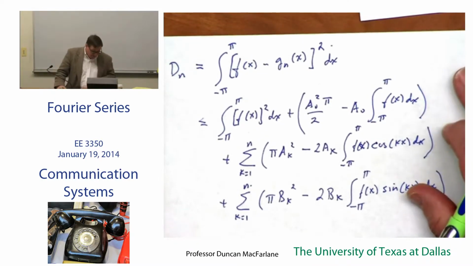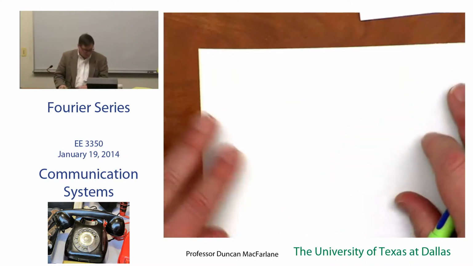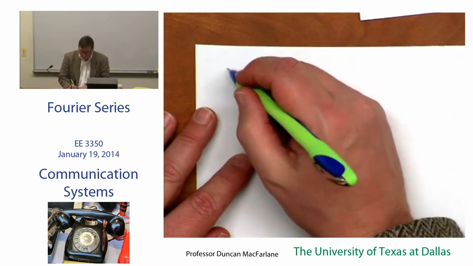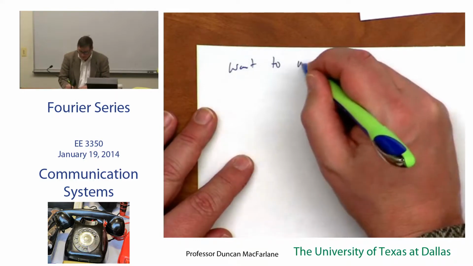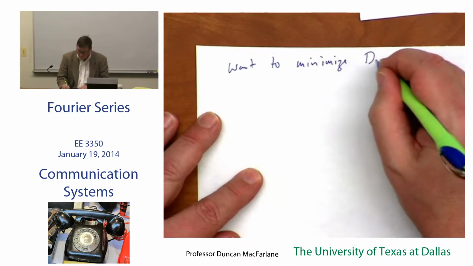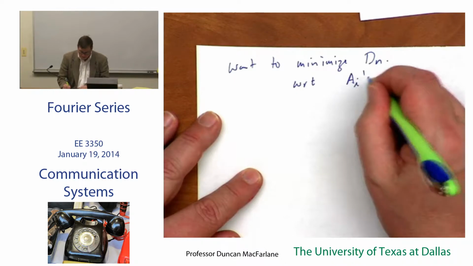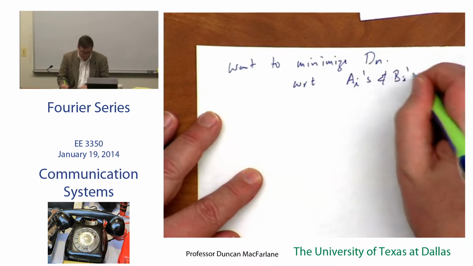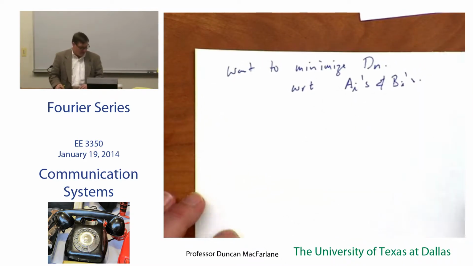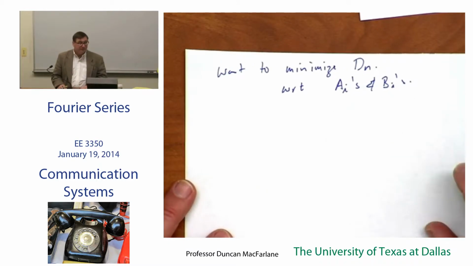So that gets me my d sub n, and I want to minimize the overall error of d n with respect to the a's and the b's.